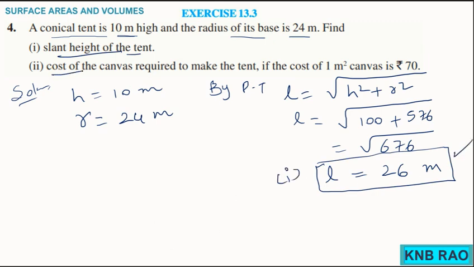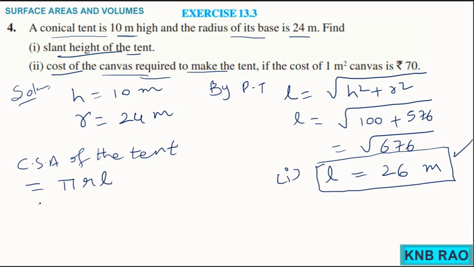Now the cost of the canvas required to make the tent. You know, a tent is open at the bottom, meaning the circular base is not covered, only the curved surface is covered. So CSA of the tent is to be calculated using the pi R L formula, that is 22/7 into R is 24 into 26, because L we have already got.